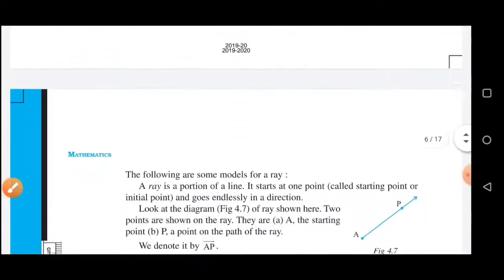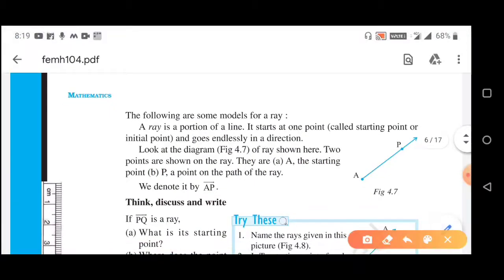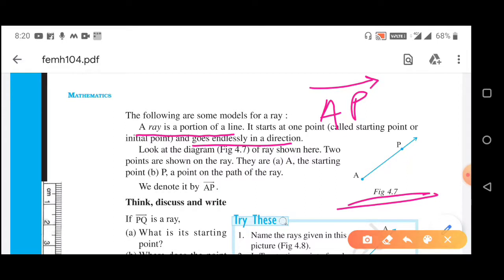Now what is a ray? A ray is a portion of a line. It starts at one point called the starting point or initial point and goes endlessly in a direction. Whenever we write a ray, suppose this is given, we will represent it in this way.